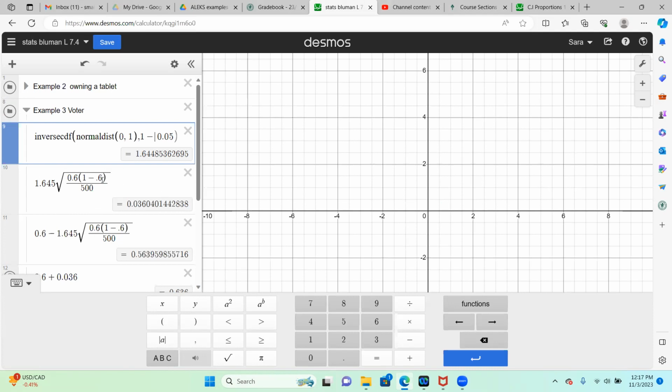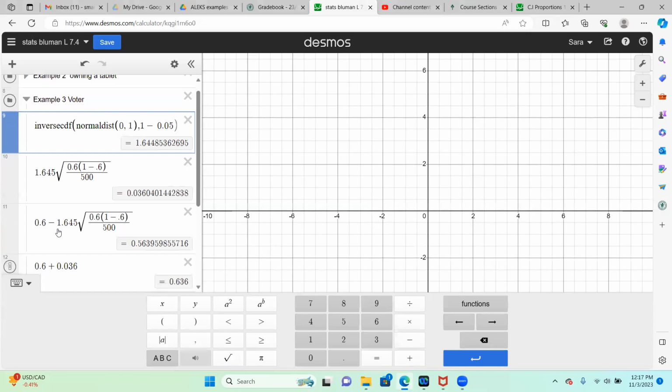And our margin of error is calculated there. 1.645 times the square root of P hat times Q hat divided by the sample size of 500. And so our margin of error is 0.0360.